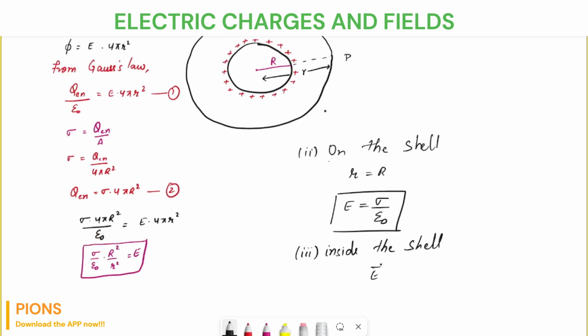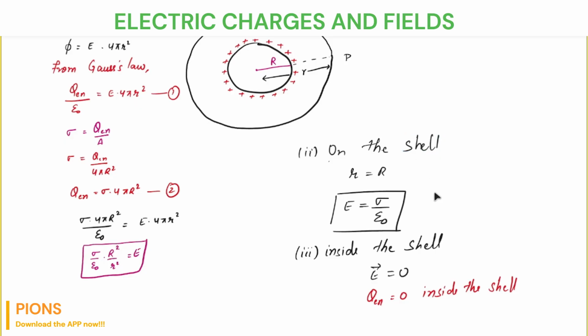The electric field inside the shell will be 0. So why is it 0? Because if we imagine a Gaussian surface inside, there is no charge enclosed by the Gaussian surface. So hence the electric field will be 0. So I can write Q enclosed will be 0 inside the shell. So here this first chapter gets over.